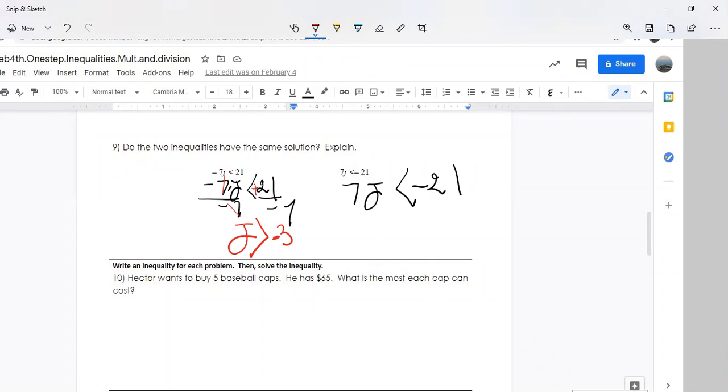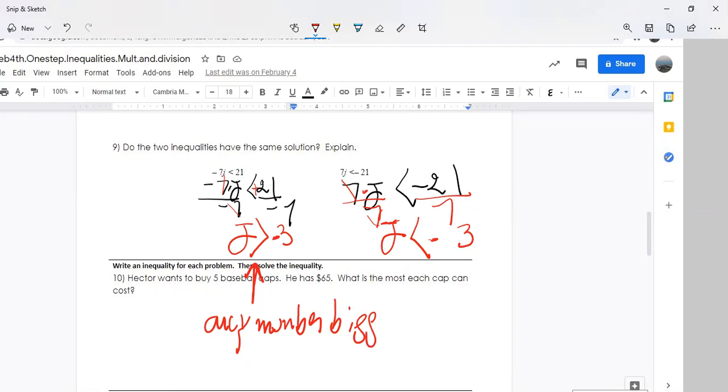Let's see what the other one gives me. Here I divide both sides by 7. Since I'm dividing by a positive, the inequality symbol stays the same. It cancels, I'm left with j, and negative 21 divided by 7 is negative 3. So this one says any number less than negative 3.